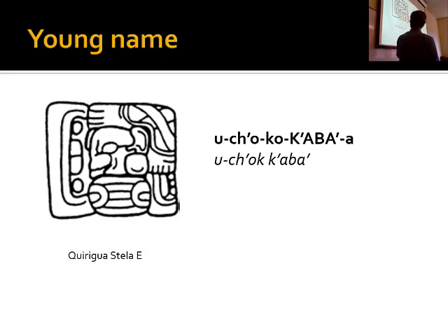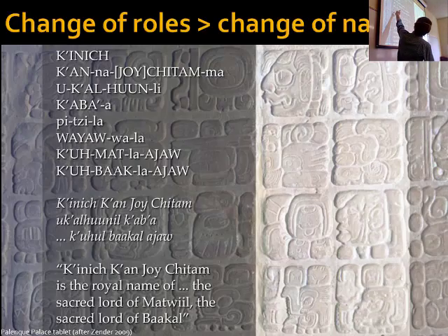But ideally, say if you're a prince and you become a king, then you get a second name. So in addition to Chok Kaba, you get Uk al Hunil Kaba, literally headband binding name, so a coronation name or accession name. And that would be the name which reflects your dynastic name pattern.